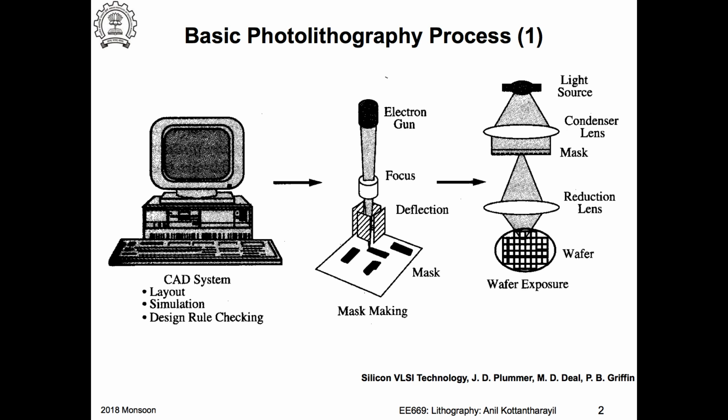Instead, you go to Andheri, for example, where there are many companies that will print transparencies and give them to you. So you make a design. If I want to make a cheap sensor where the feature sizes are in the range of 100 microns, I don't have to go for all this expensive mask making process.